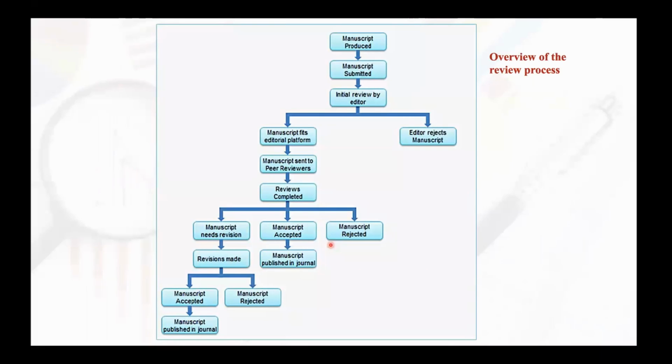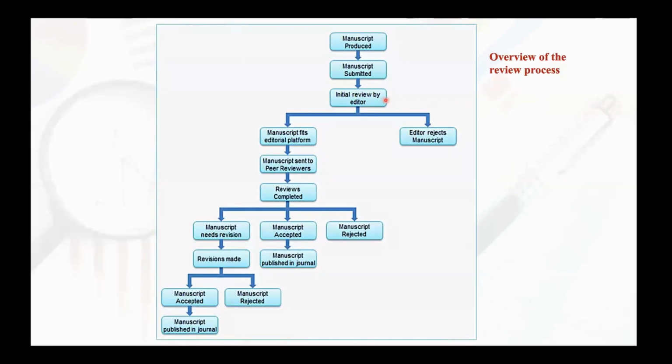And if I just give you the whole process of peer review: when you submit a manuscript, and you write a manuscript, you are not writing an article, remember, you produce a manuscript, and then you submit it, and then initial review is done by the editor.